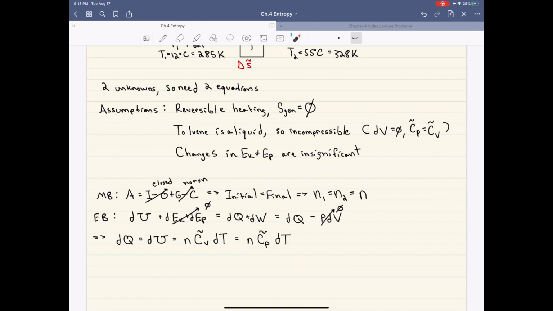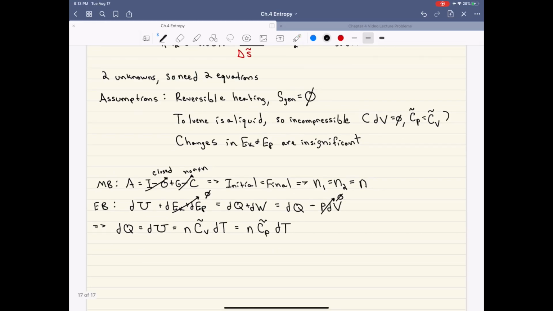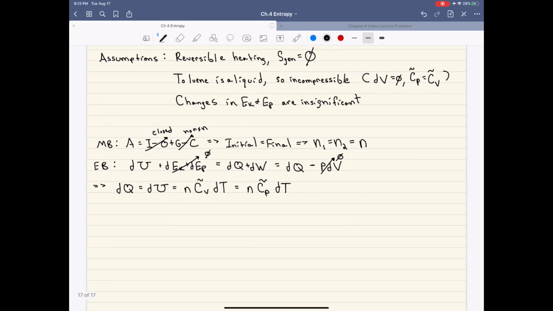And so this is important, because now that we have this relationship, what we could do is go to our entropy balance now. So from our entropy balance, we could write out that dS is equal to dQ divided by temperature for the reversible case, which is going to be equal to the dQ over T of our system plus Sgen.